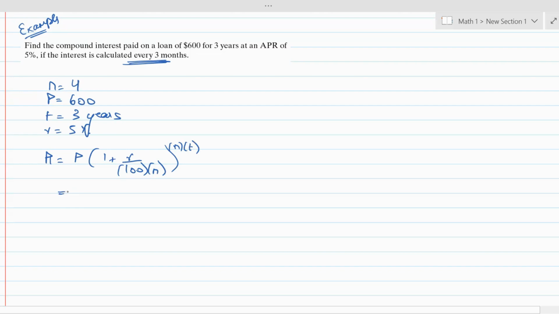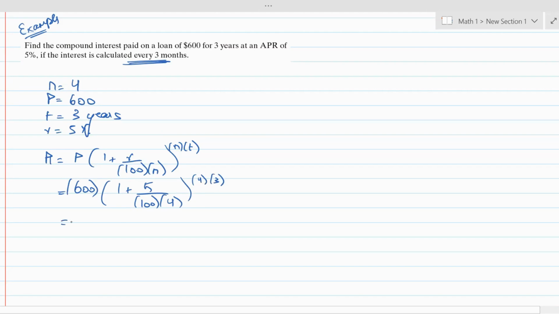The principal in this case is 600. 1 plus R, it is 5 upon 100 into 4, whole power 4 into 3.